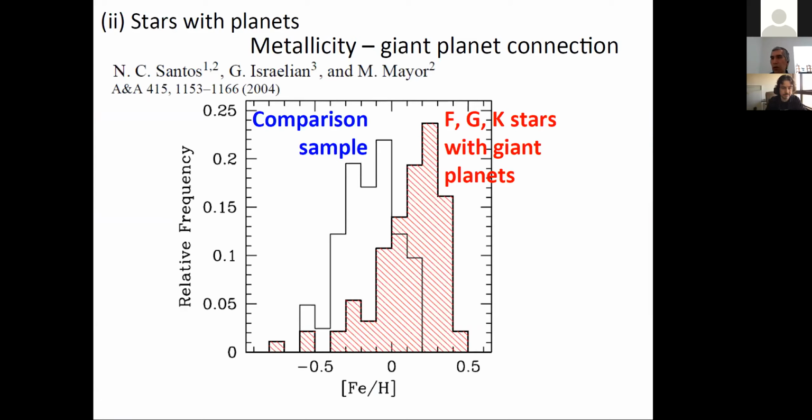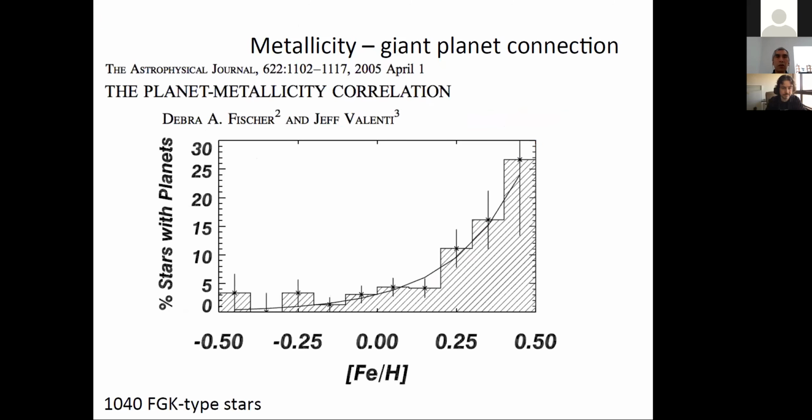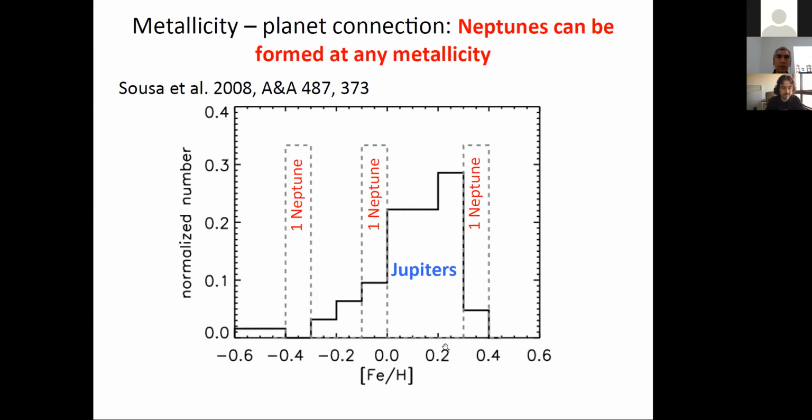So there is a lot of work on the planet-star connection, especially on the metallicity giant planet connection. You can see that stars with giant planets preferentially have a bit more metals, like in this work by Santos et al., or also in this classic work by Fischer and Valenti. You can see that the percentage of stars with giant planets increases for stars with higher metallicities.